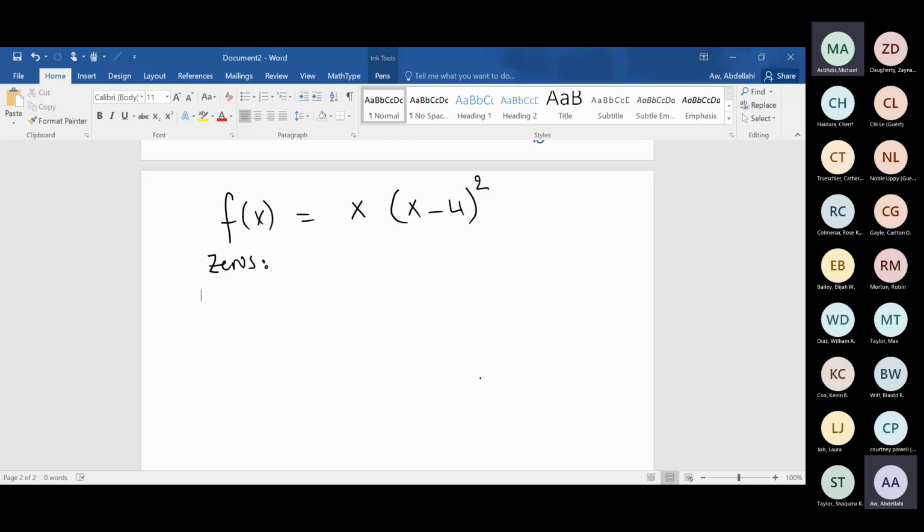Hi, everybody. So what are the two zeros here to begin with? 0 and 4. The two zeros are 0 for this one and 4 for this one. Do you remember what we said about the multiplicities?